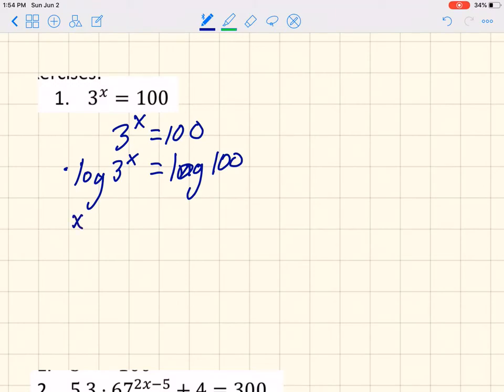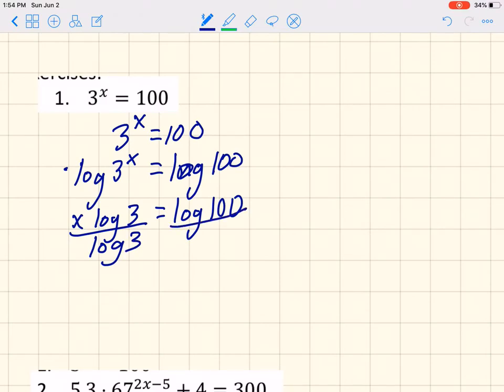Bring the x out front. x log 3 is equal to log of 100. And then I'll divide both sides by log of 3. So x is equal to log of 100 over log of 3. I keep accidentally doing ln instead of log.